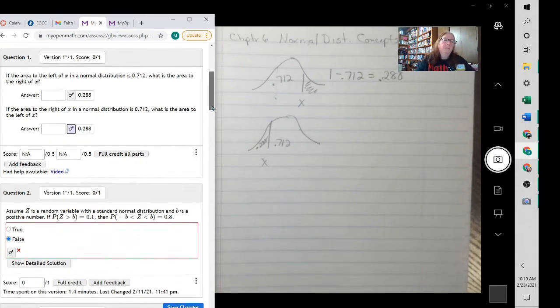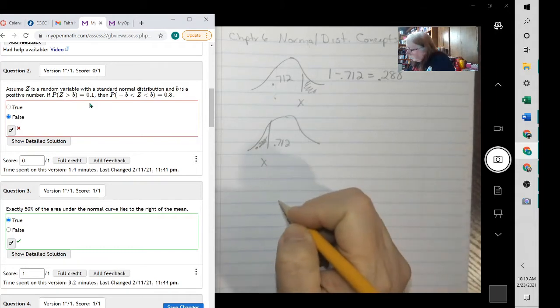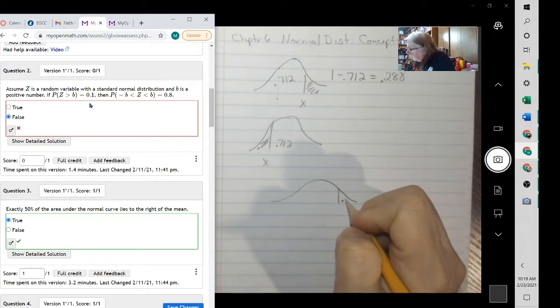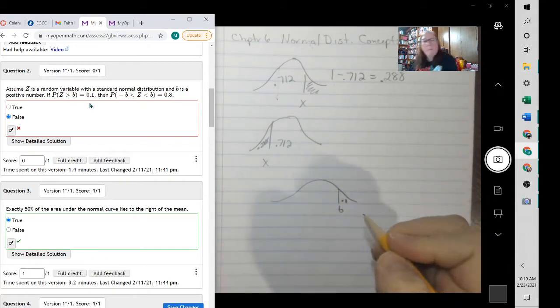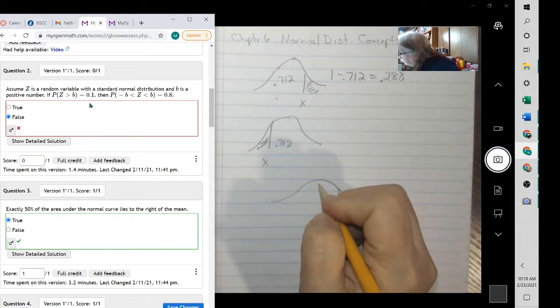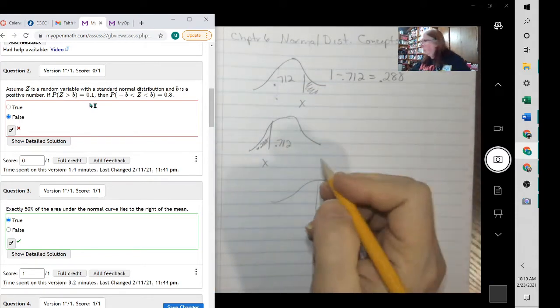This next one says the probability z is greater than b is 0.1. Then the probability z is between negative b and b, well, this is symmetric, both sides are exactly the same.